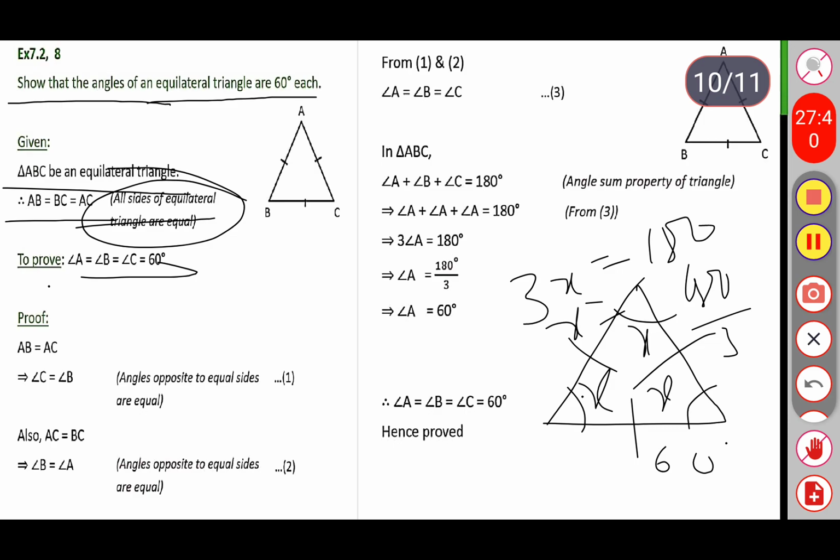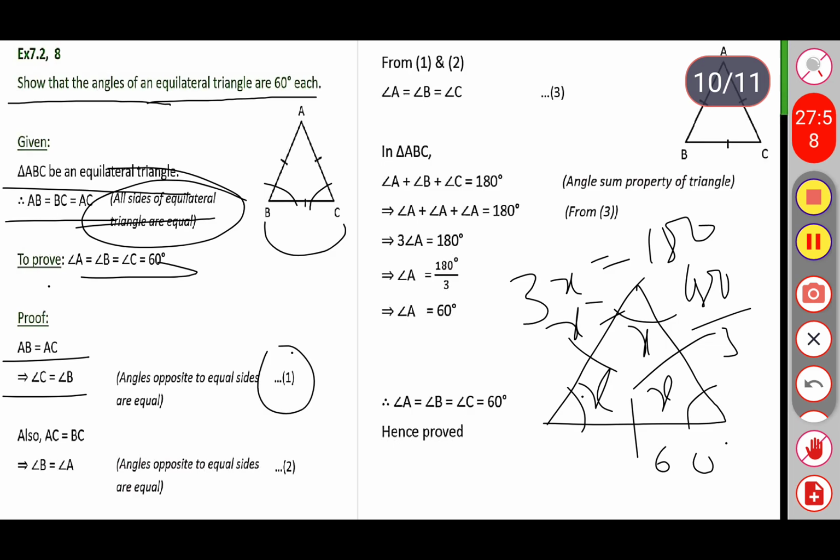If AB is equal to AC, then their opposite angles are also equal. That is, the opposite angle for AB is angle C, the opposite angle for AC is angle B. Right, so these two angles are equal here.